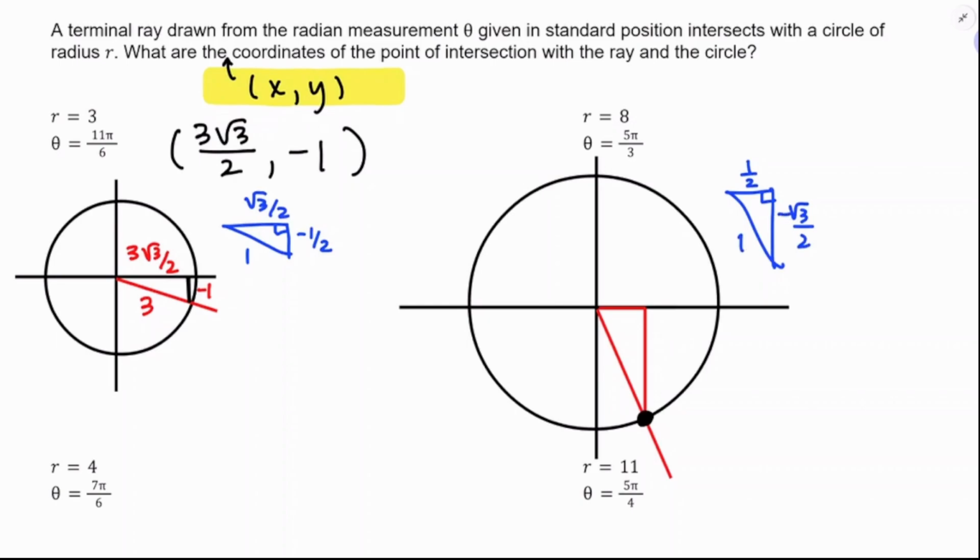Y is negative. Okay, and then this one had radius equal to 8, so I scaled it up by 8. 8 times a half is 4. Negative root 3 over 2 times 8 is negative 4 square root of 3. Alright, so the x and y coordinates of the point are 4 and negative 4 square root of 3.